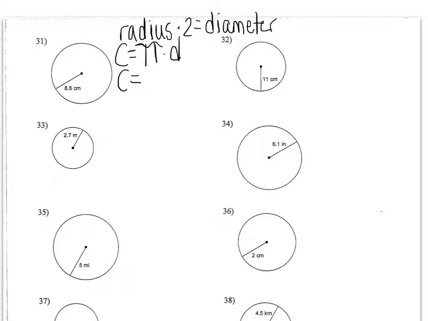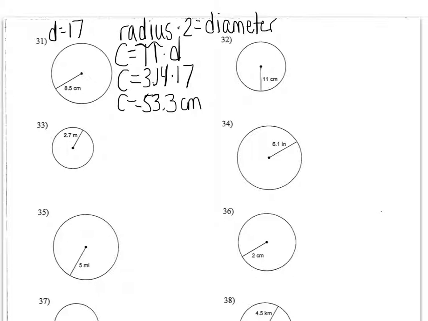So my diameter is 17. So I'm going to do 3.14 times 17, which will give me 53.3. And centimeters is my label.